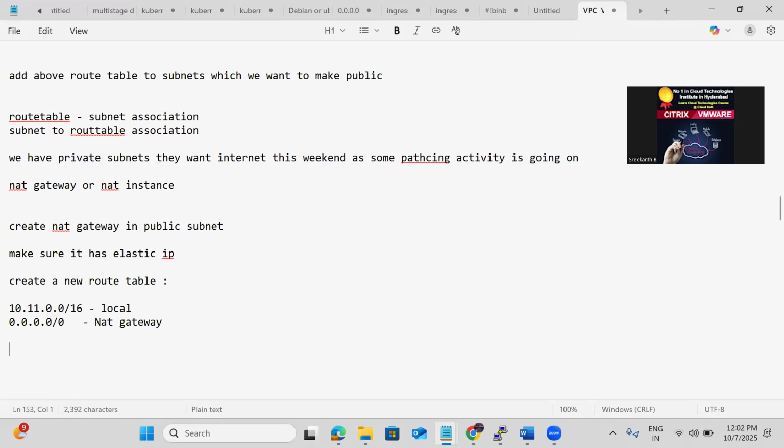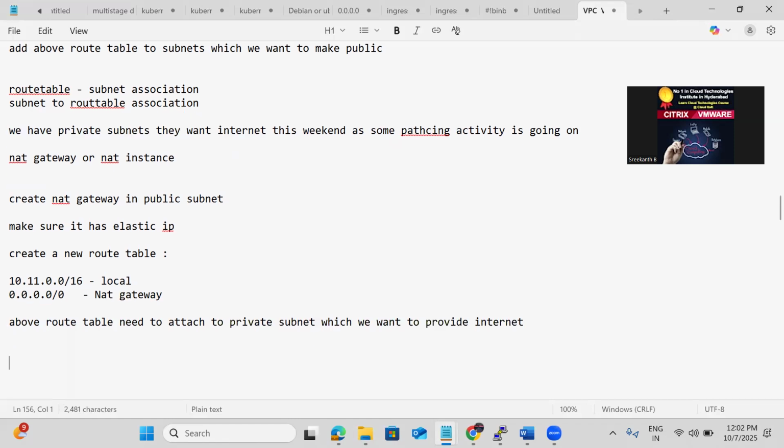The above route table needs to be attached to the subnet which we want to provide internet access, because it's already a private subnet. Don't attach it to the public subnet. Attach it only to the private subnet.